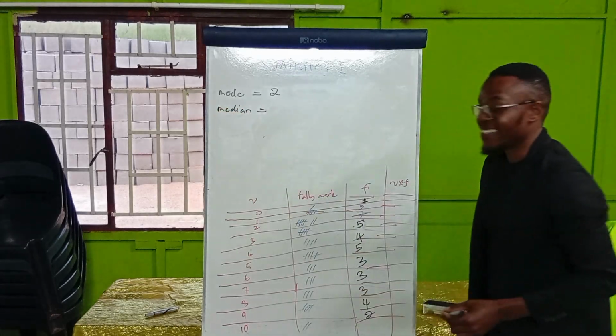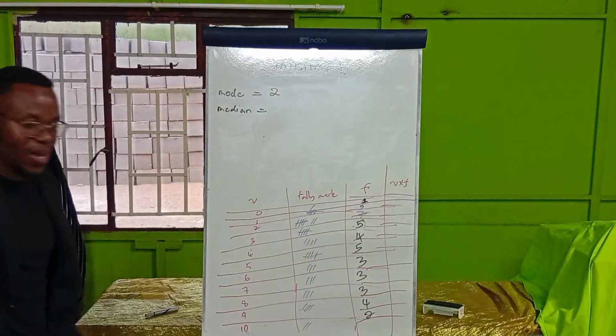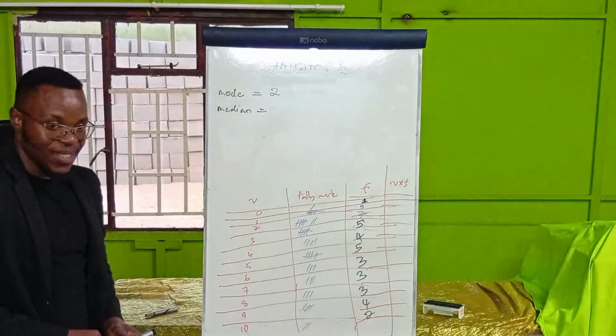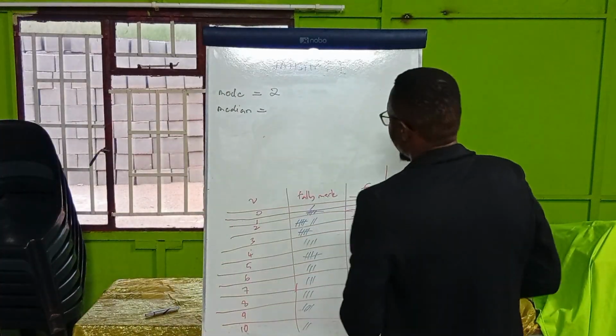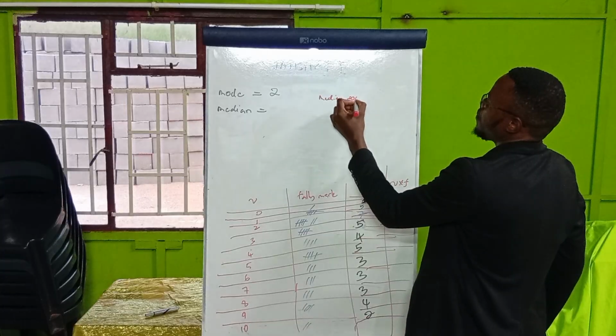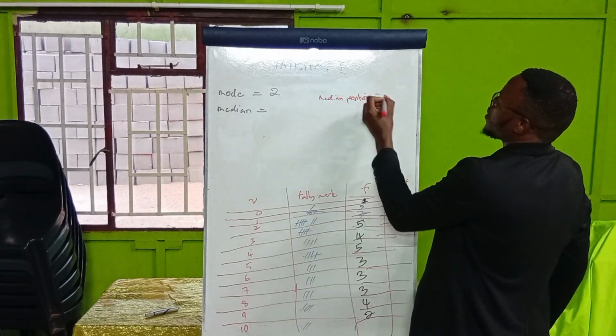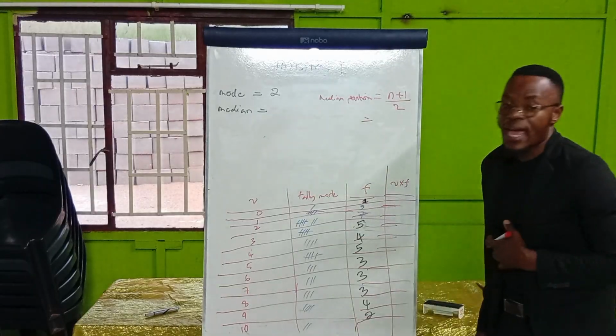Now, how about the median? Because we have a table, we are going to calculate the median in a different way. Remember that formula? We start by finding the median position, which uses the formula n plus 1 over 2. What's the value of n?